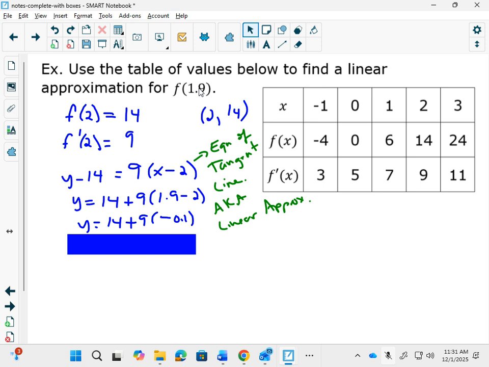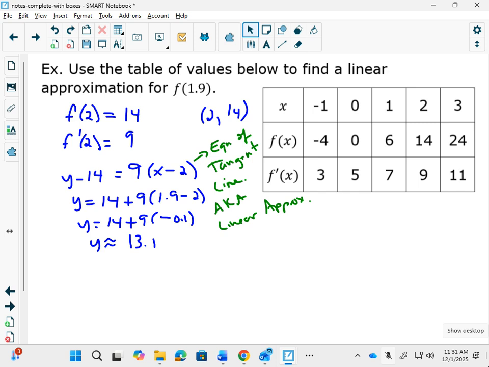So now you could plug in the 1.9 and you get the 13.1. Why do they like this as a multiple choice question? Because you would read this question and they would have as answers 13.01, 13.1, 13.11, 13.011. And if you were guessing, would you have any hope?